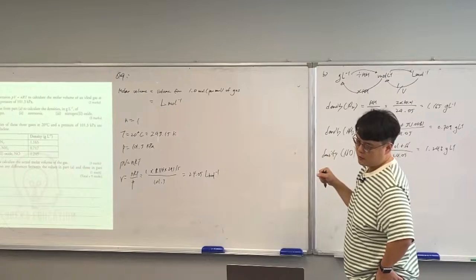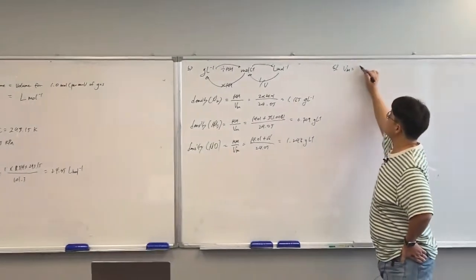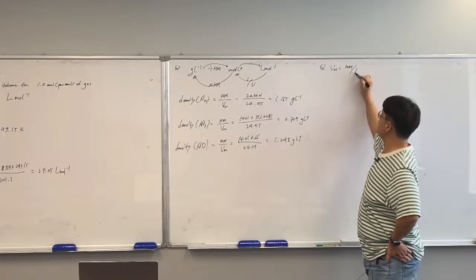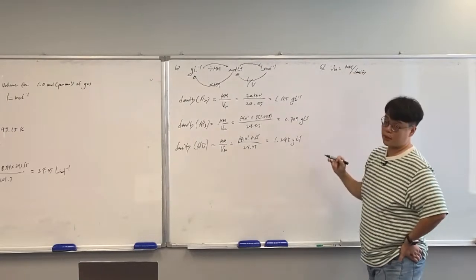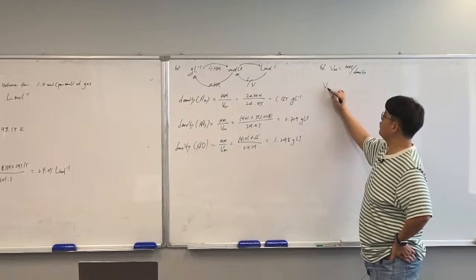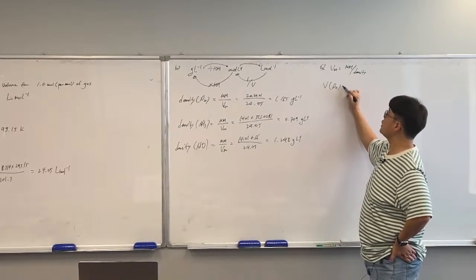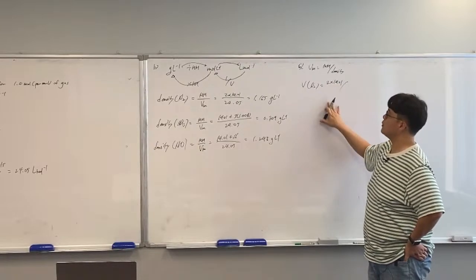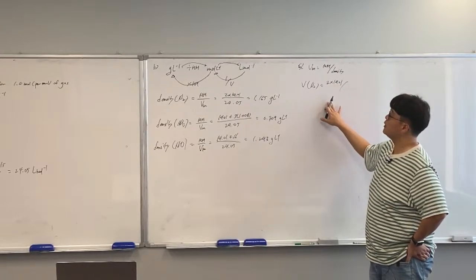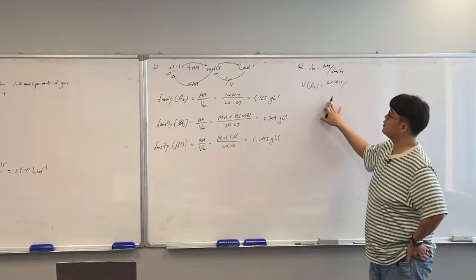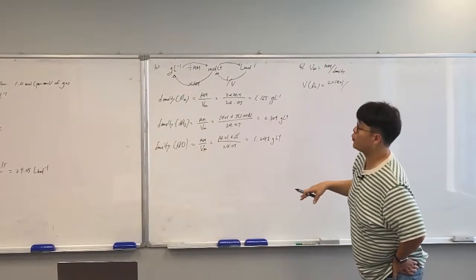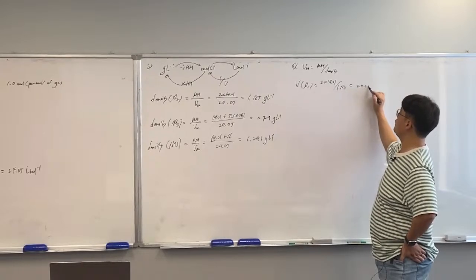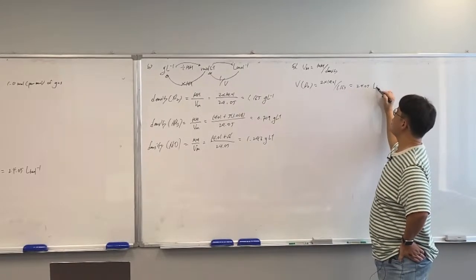Hang on, are we given the molar mass? Oh yeah, it'll be this: the molar mass divided by the density is how we can get the molar volume. Then the molar volume of N2 would be the molar mass, 2 times 14.01, divided by the given density 1.165, which still gives you 24.05 liter per mole.